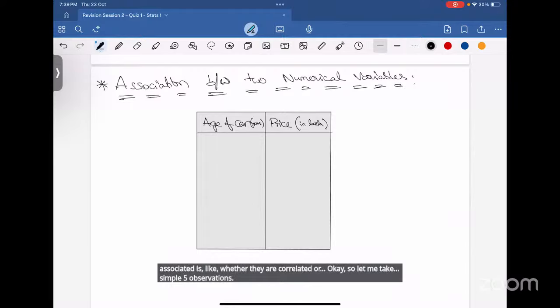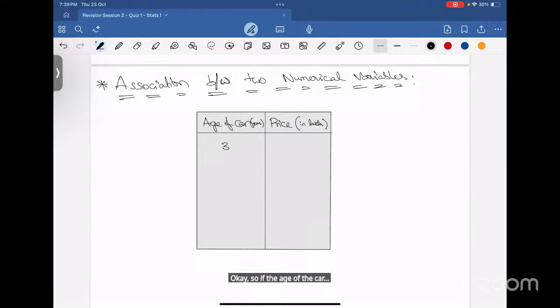If the age of the car is 3, the price is 5 lakhs. Age of the car is 4, the price is 4.5. Age of the car is 5, the price is 4.